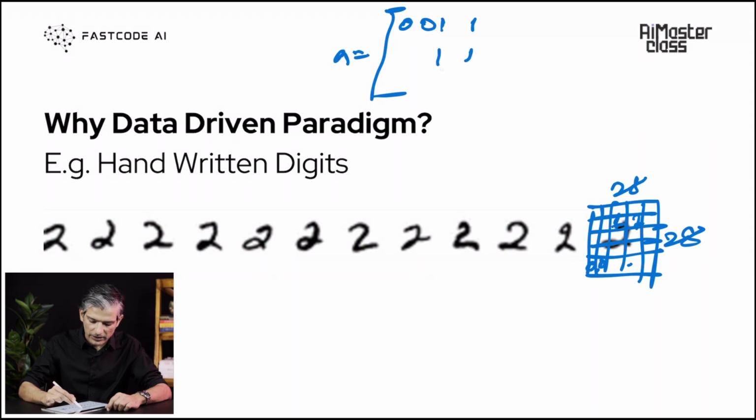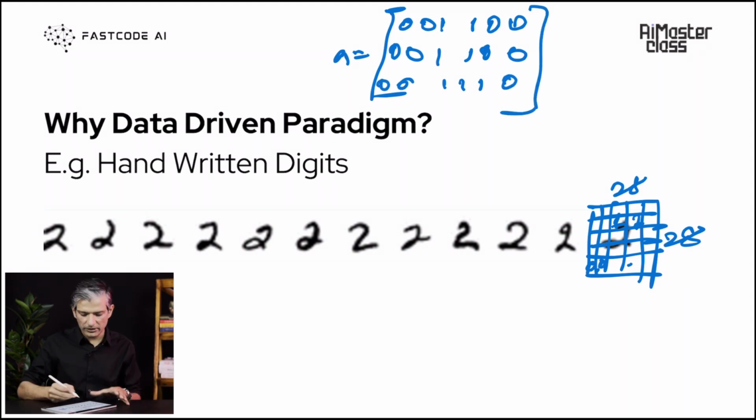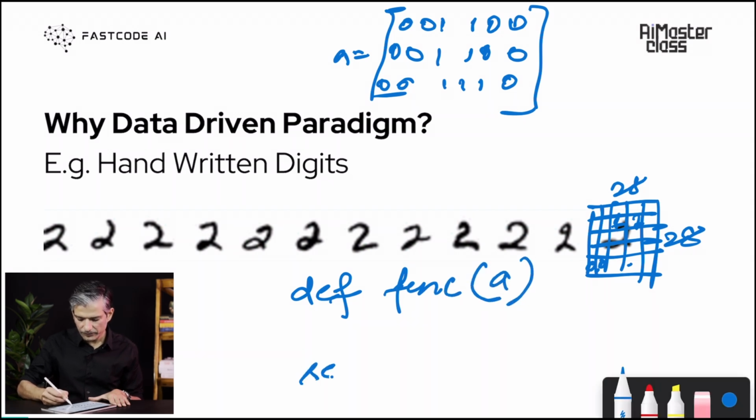So maybe our 1s look like this and everything else is all zeros. And now here I want to again write a hand coded program to take in this array A. So I want to write another function, let's say some function which takes in this A, and as return I want yes or no.